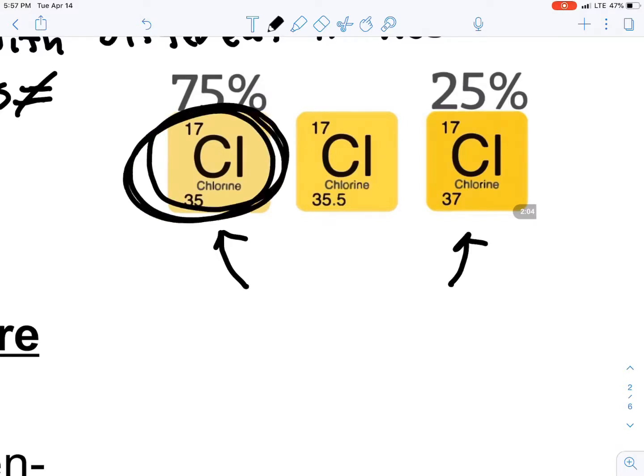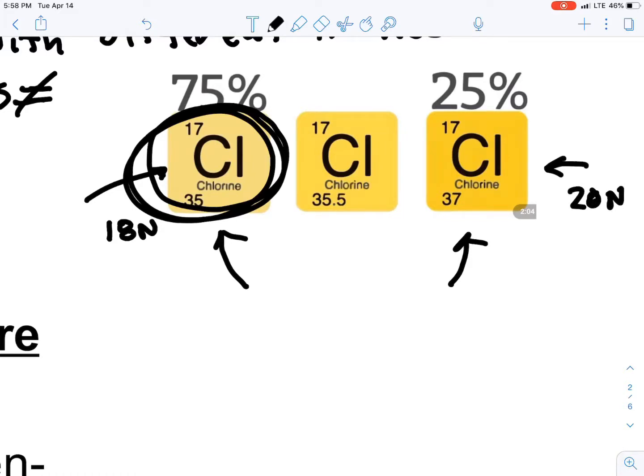That is on the earth is this. It has 17 protons and 18 neutrons, right? I just took 35 minus 17. But there is also a chlorine that exists that has a weight of 37. So it would have 37 minus 17, which would be 20 neutrons.